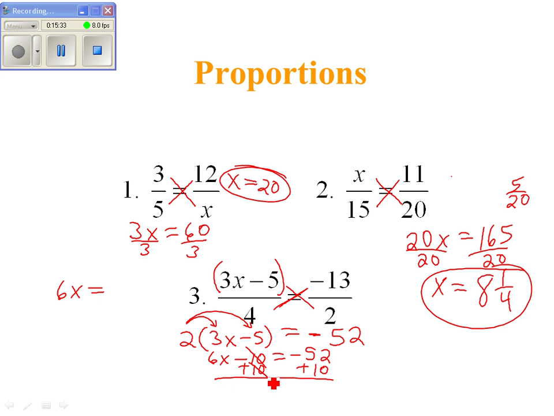These cancel, 6x equals negative 42, and what? So what's x? Close. Negative 7. Is it alright for x to be a negative 7? Yeah, now later on in the chapter when we're looking for the side of a triangle or something, probably won't be alright for x to be a negative 7. So when we get to that, we'll decide.